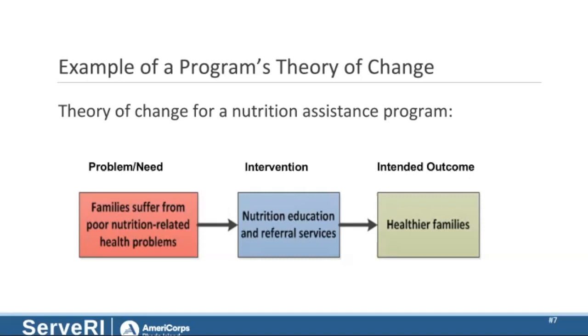To address this problem, a research-based nutrition assistance program was developed that consists of a combination of nutrition education and referrals to community services. The intended outcome or goal of this intervention specified in this theory of change is an improvement in families' overall health.